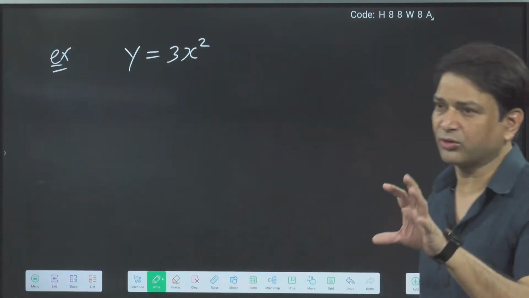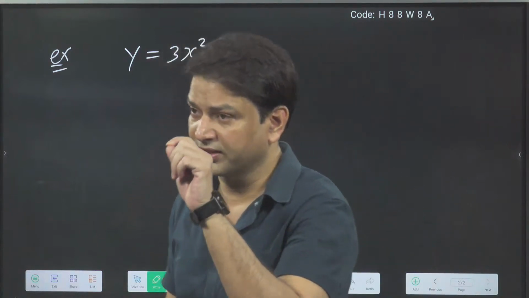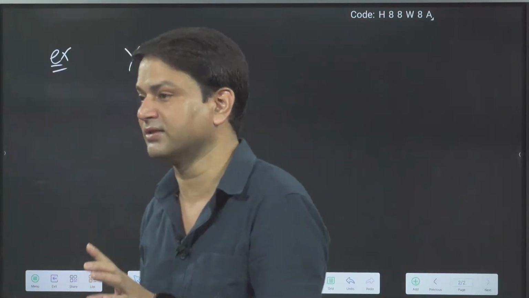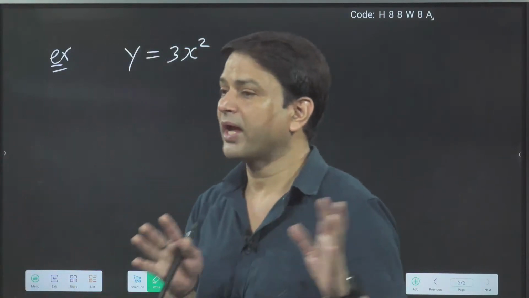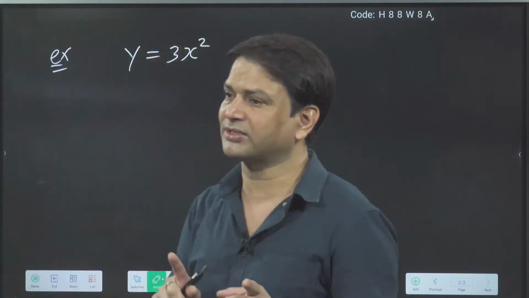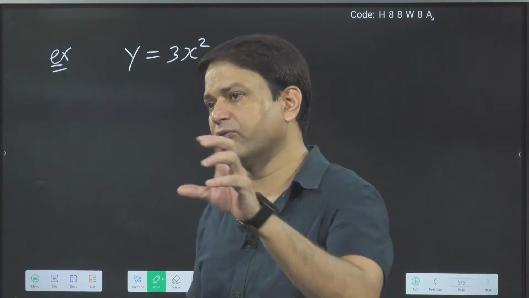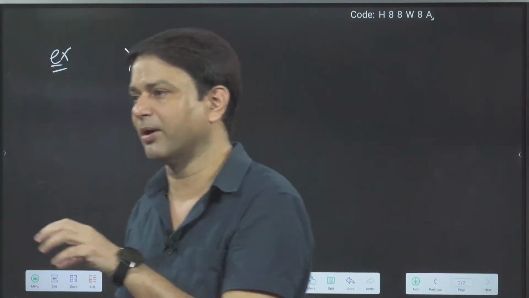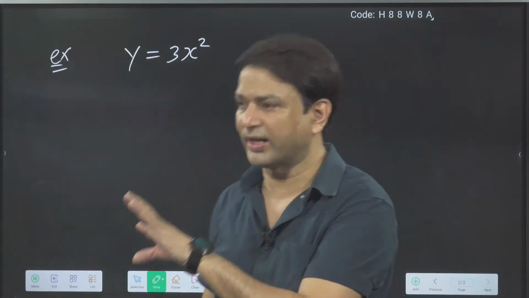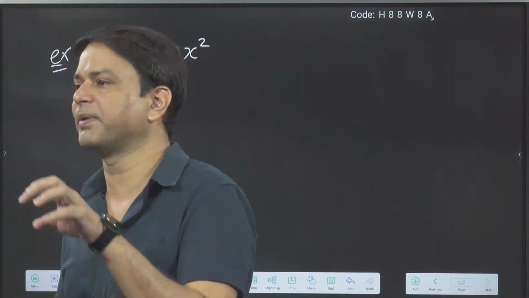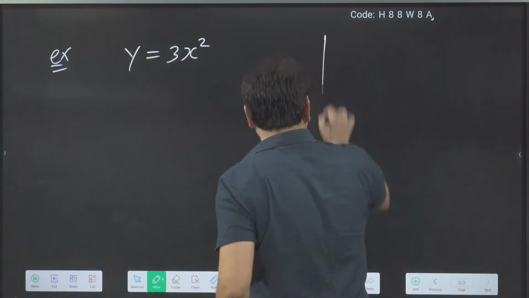Suppose the equation I gave is y = 3x². If the equation has x², then the graph will be symmetric about the y-axis. Remember it as opposite symmetry: x² is symmetric about the y-axis, and if the equation has y², then it is symmetric about the x-axis. Again I am repeating, x² is symmetric about the y-axis, y² is symmetric about the x-axis. Everybody got it or not? Now y = 3x², how will I make it?